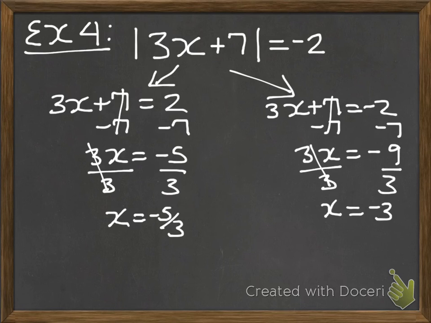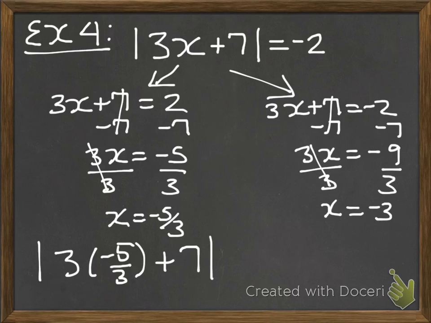But checking your work, and this is why checking your work is so important, the absolute value of 3 times negative 5/3 plus 7, I'm going to see if that equals negative 2. Right here, these 3's cancel out.